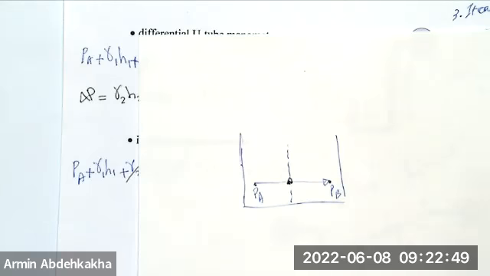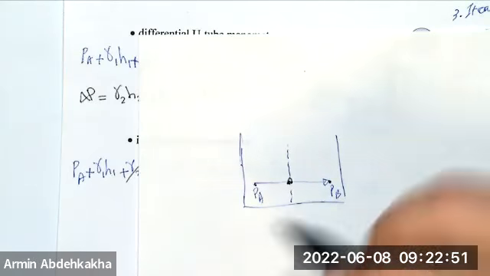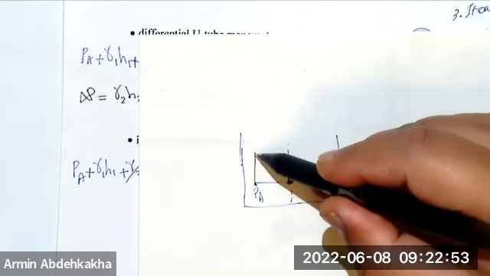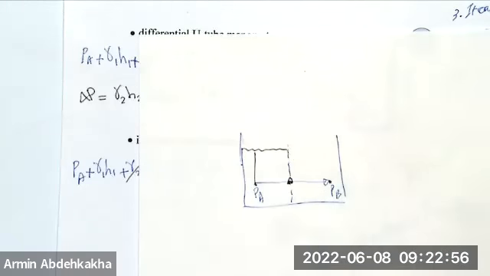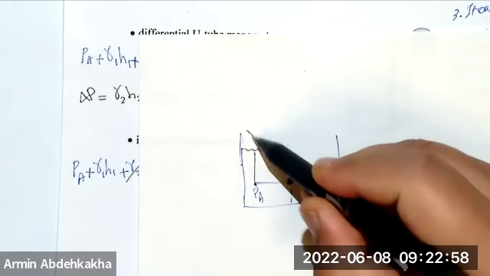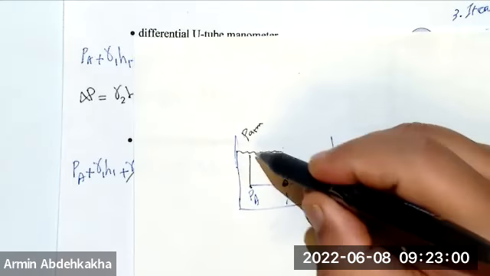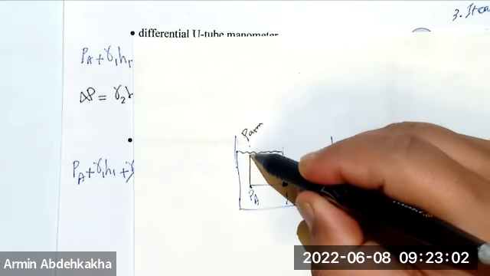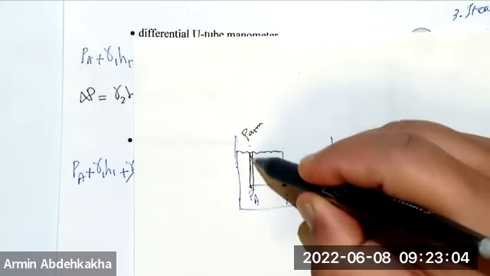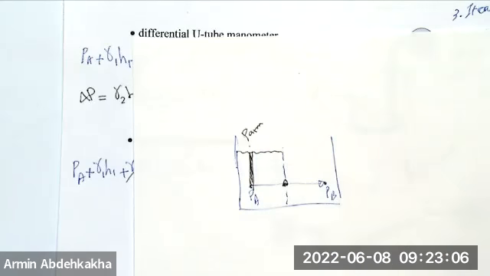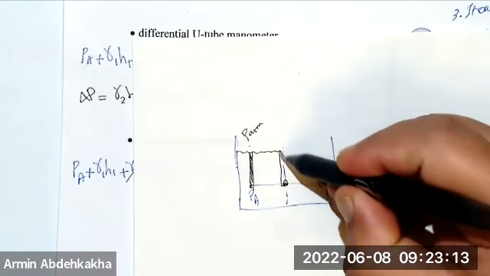But suddenly when you move from the interface, the pressure changes. Why? Because for each of these points, you have a line of P atmosphere. So the pressure at this point is P atmosphere plus the weight of the fluid on top of this point. That's the pressure at the point, right? So how much we have here is the same.